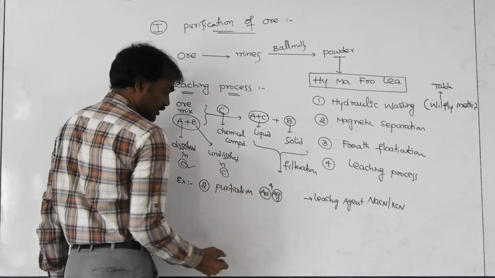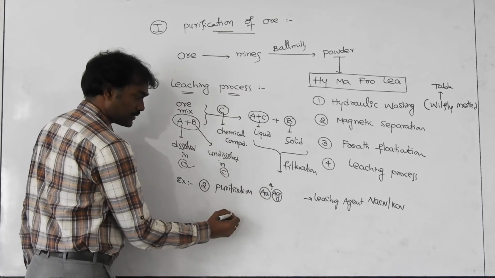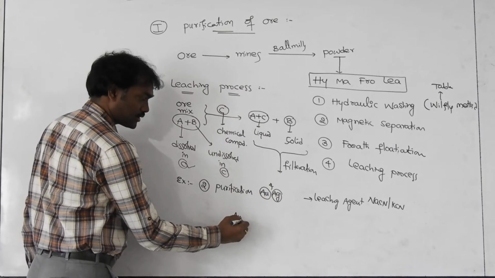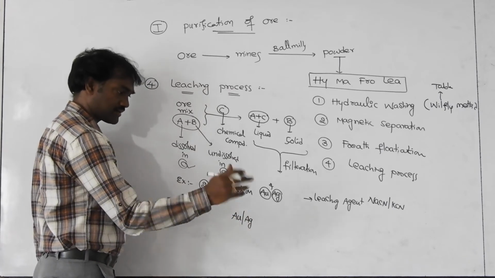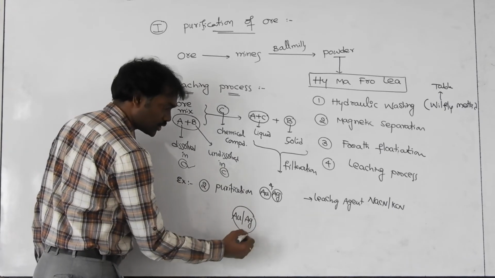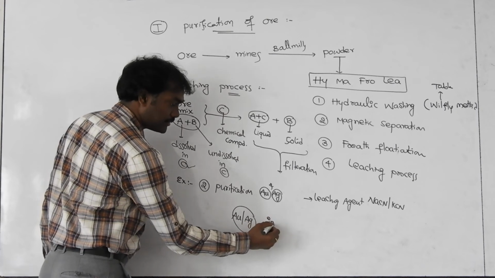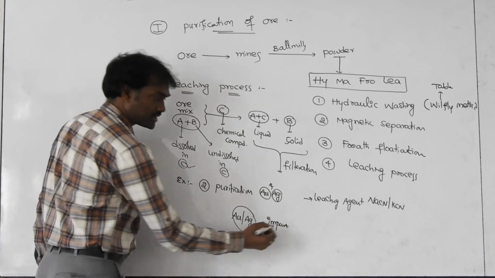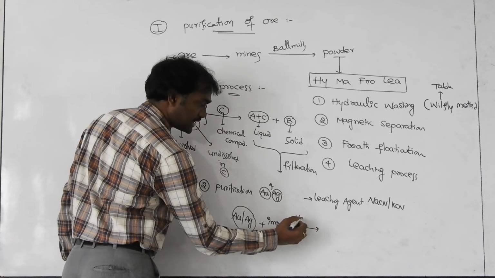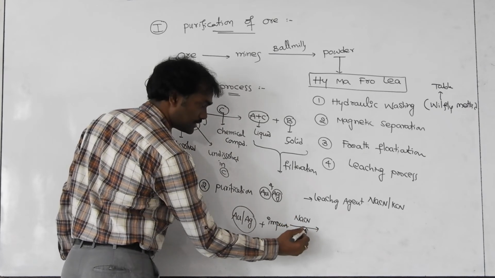See, gold and silver are present. Gold and silver are generally available in native state, otherwise in any compound state also, not a problem with impurities. Now we are going to separate this. This is treated with NaCN or KCN.